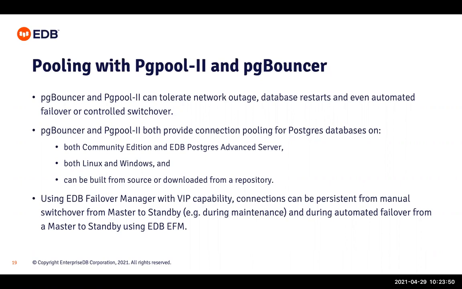They can be built from source or downloaded from repository. Using EDB failover manager with the virtual IP capabilities, connections can be persistent from manual switchover from master to standby during maintenance or during automated failover from master to standby using EDB's EFM.